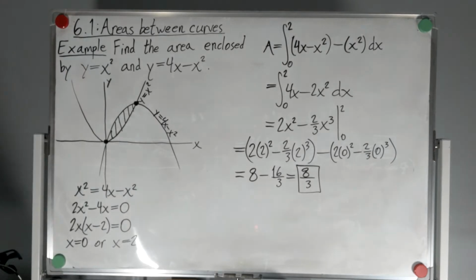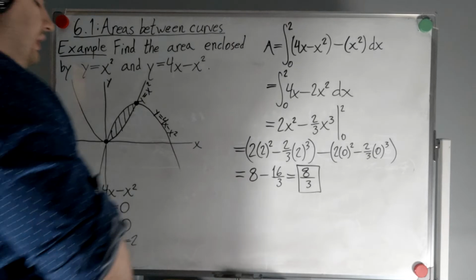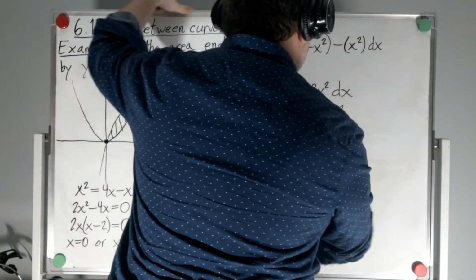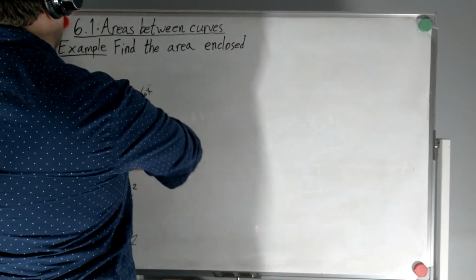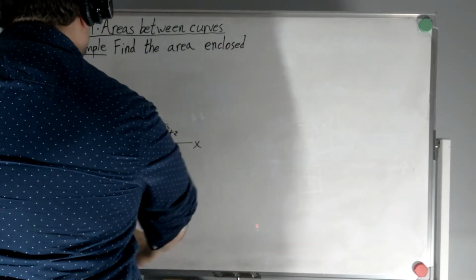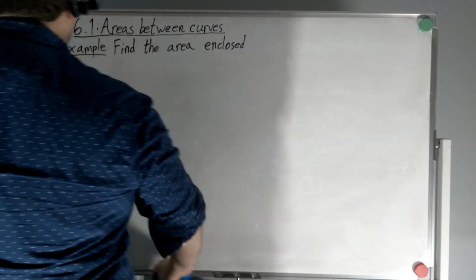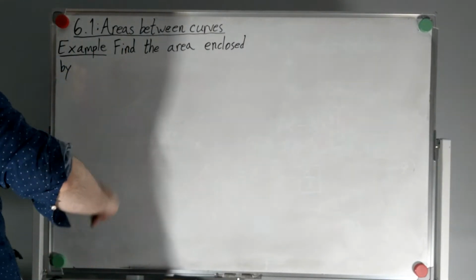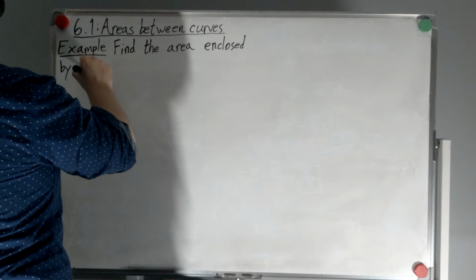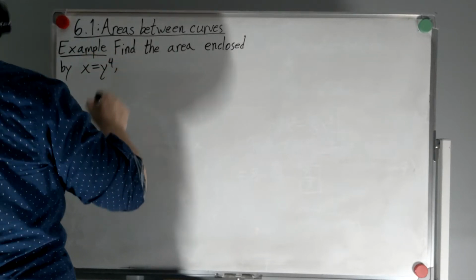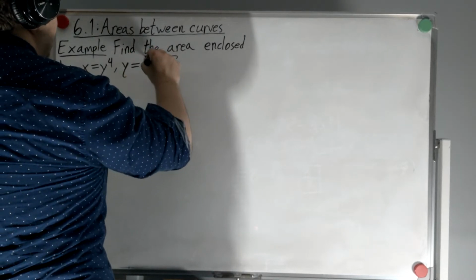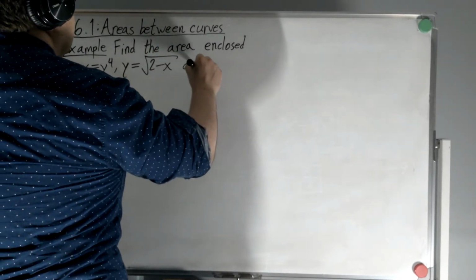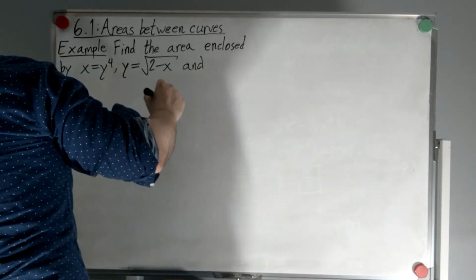Okay. All right, let's try another one. This one is a little bit different. So this one is x equals y to the 4th, y equals the square root of 2 minus x, and y equals 0.